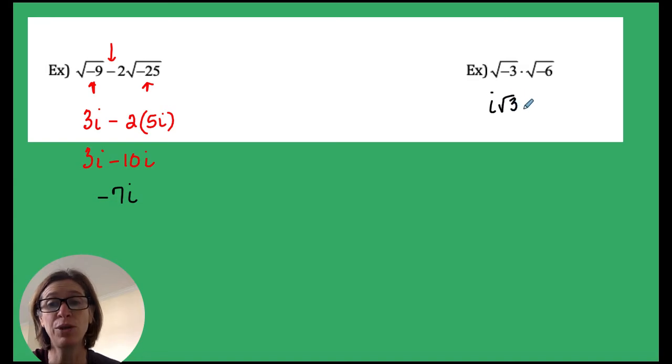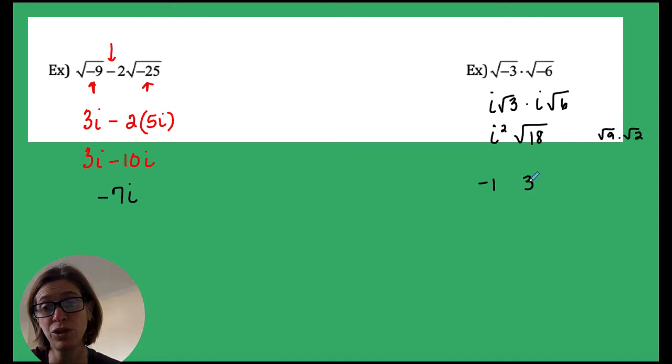Now you can multiply them because the root 3 and the root 6 are irrational numbers instead of imaginary numbers. So i times i is going to give me i squared, and root 3 times root 6 is going to give me root 18. Now I simplify. i squared is -1, and the square root of 18 is root 9 times root 2, so that would be 3 root 2. And so that would give me -3 root 2.